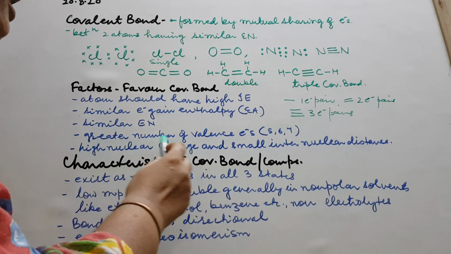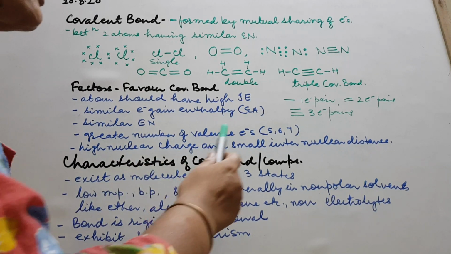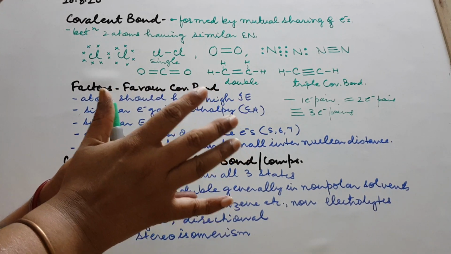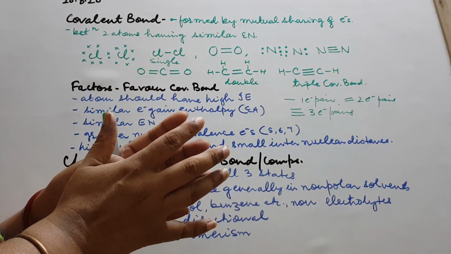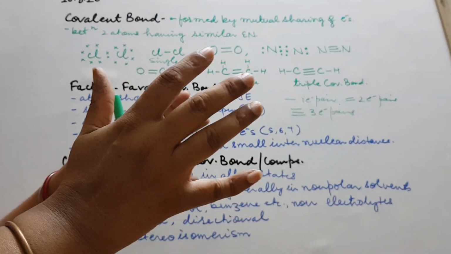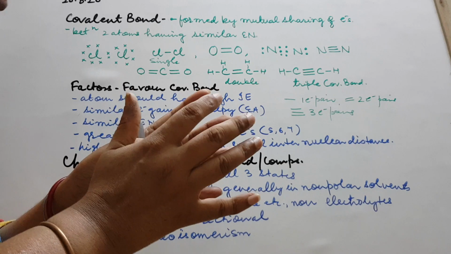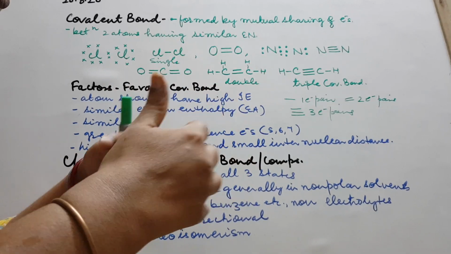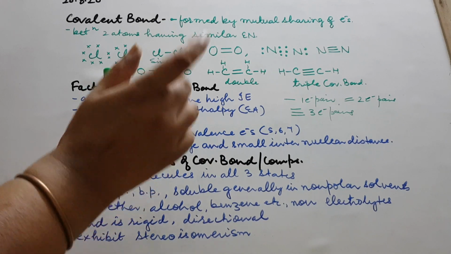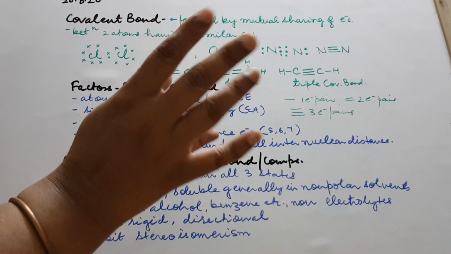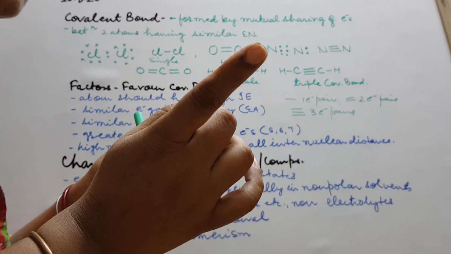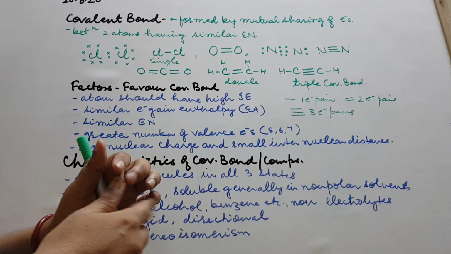Then higher nuclear charge and smaller internuclear distance. The nuclear charge should be high, means the nucleus should be strong, right? And size should be small, so that the electrons which are in between the two atoms which have been shared are tightly held by the force of attraction caused by the nucleus of the atoms which are undergoing bond formation.